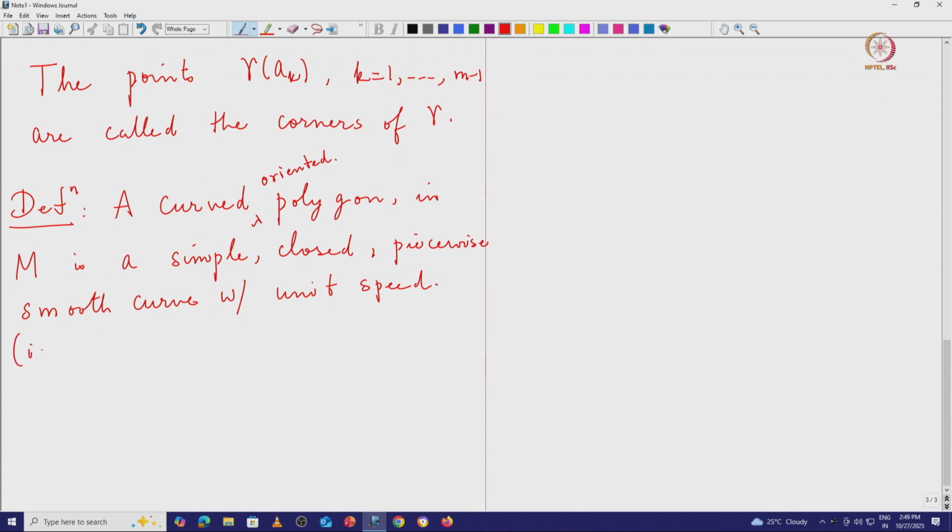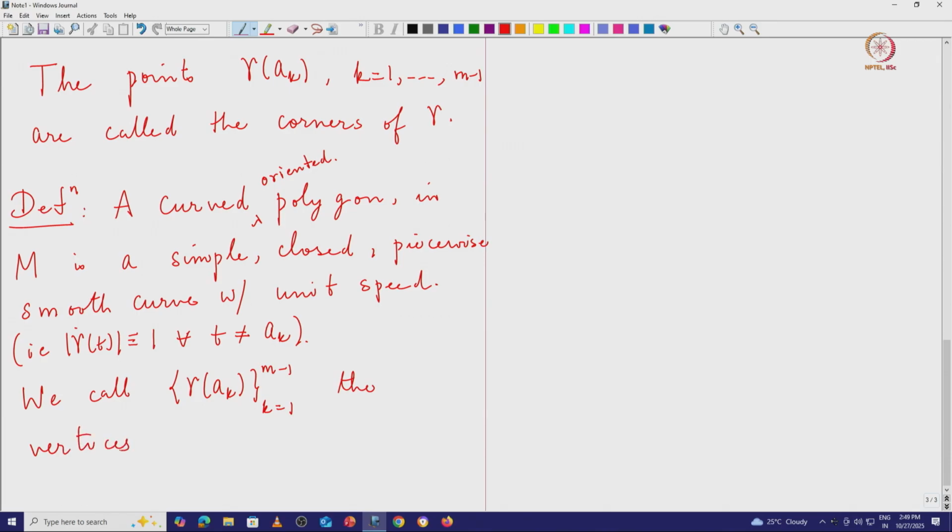Okay, so that just means that at all these smooth points gamma has unit speed. Okay, so in this case we call the collection of these corner points, where k goes from 1 to m minus 1, the vertices of the polygon.